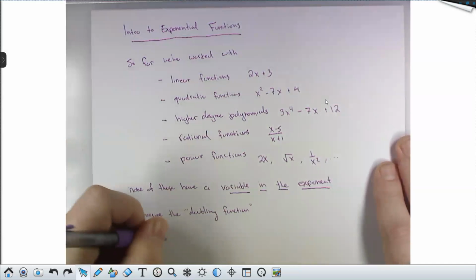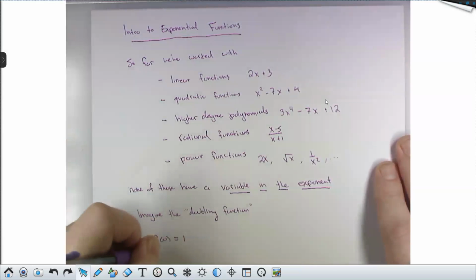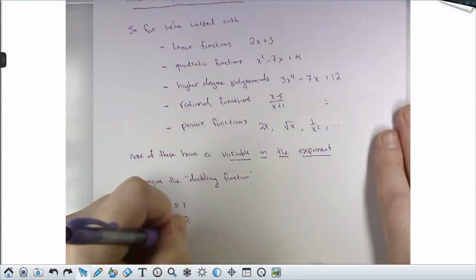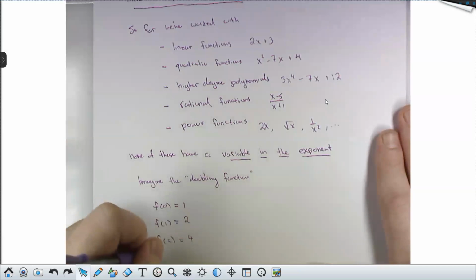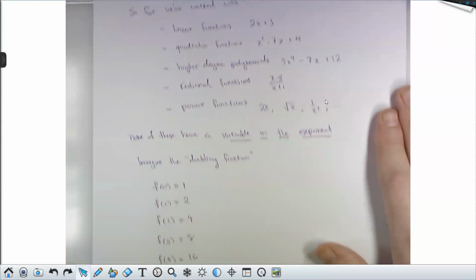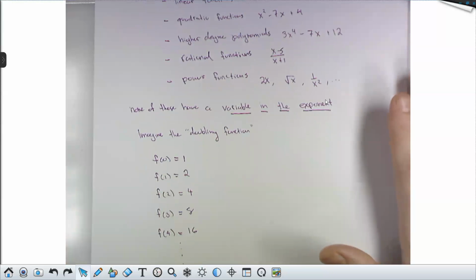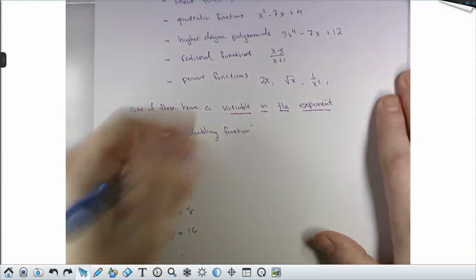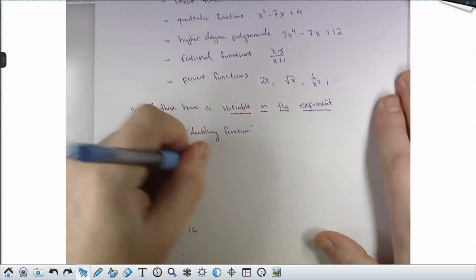So f of 0, maybe that's 1. f of 1 should be twice as big, so that's 2. f of 2 should be twice as big again, so that would be 4. f of 3 would be 8. f of 4 would be 16, and so on. So what does this function do? It doubles the output every time x goes up by 1. You just multiply by 2.